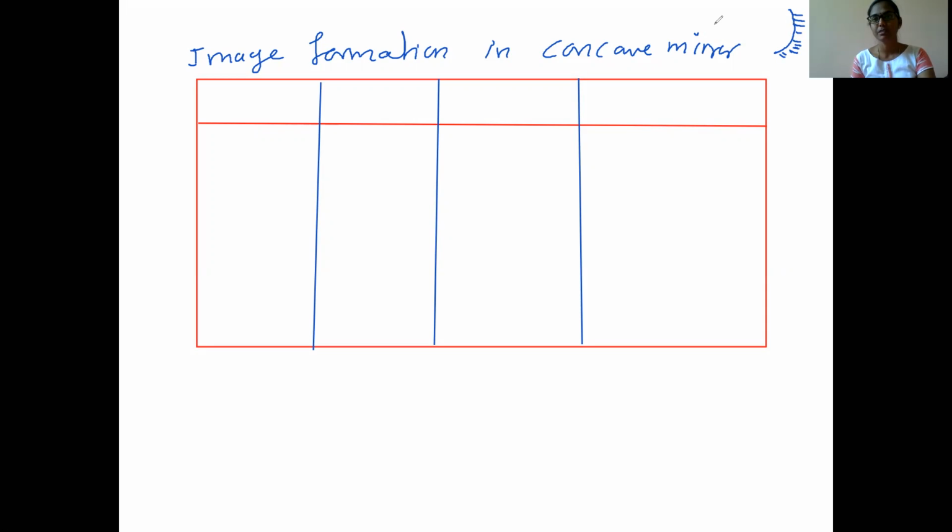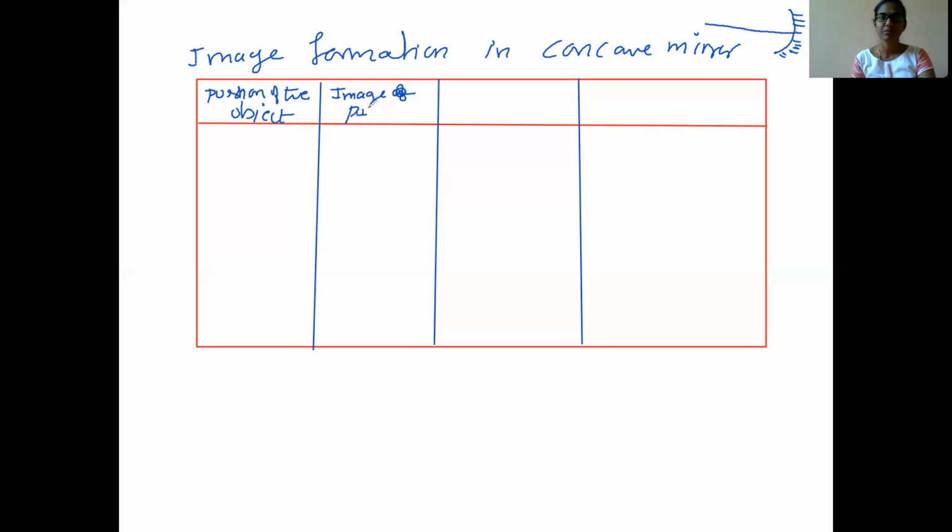When the object is placed at different positions, we already discussed the 5 conditions, or 5 places, where we are going to place the object. So where will you get the image?